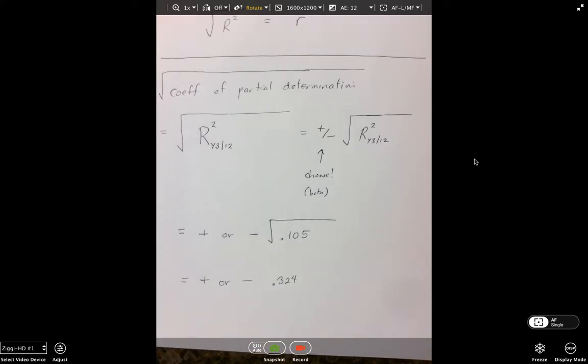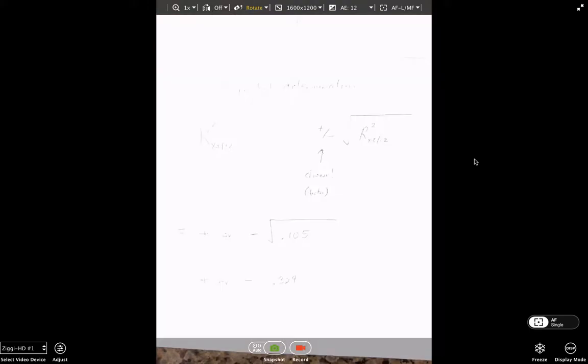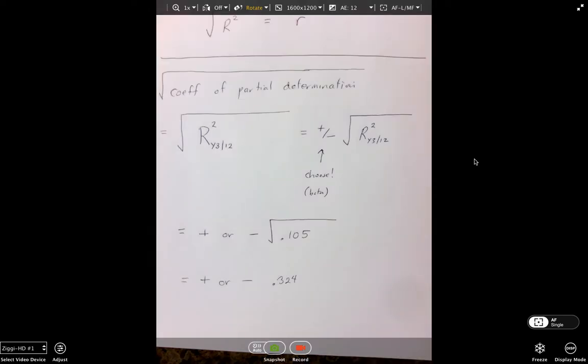Well, what we do is we take a look at the sign of the coefficient in the model when, for this situation, we are looking at the variable x3. So we would look at the sign of beta 3 when it's added to the model when beta 1 and beta 2 are already in the model.